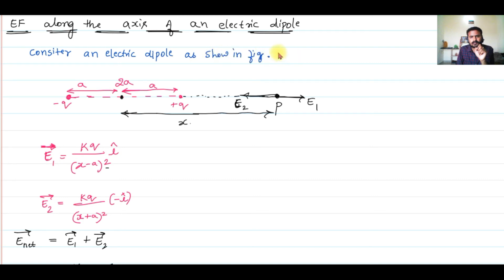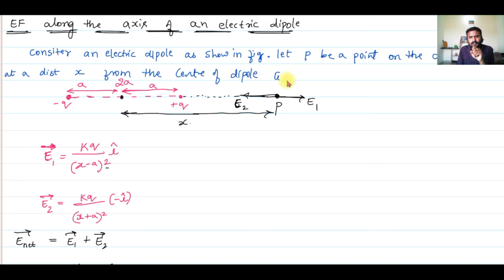Let P be a point on the axial line, at a distance x from the center of the dipole.